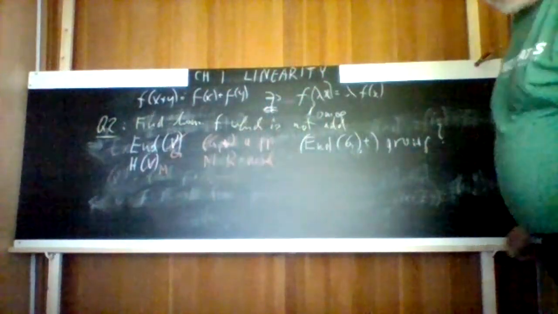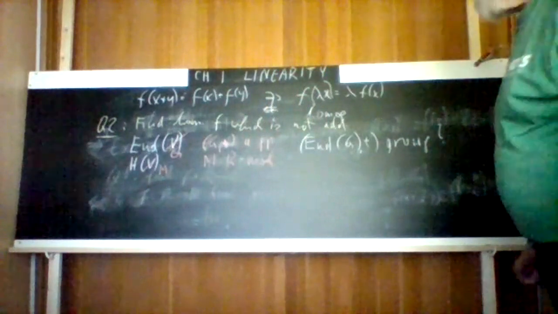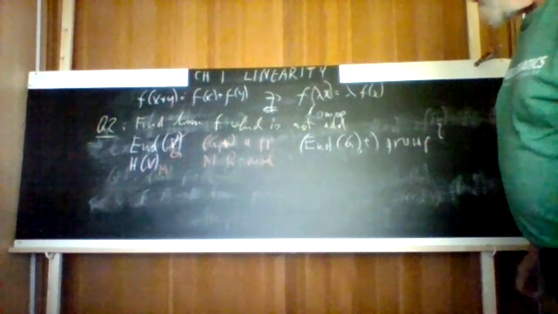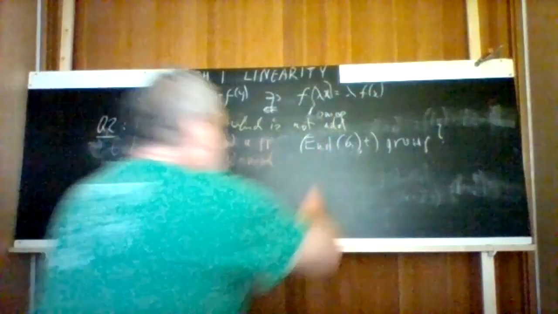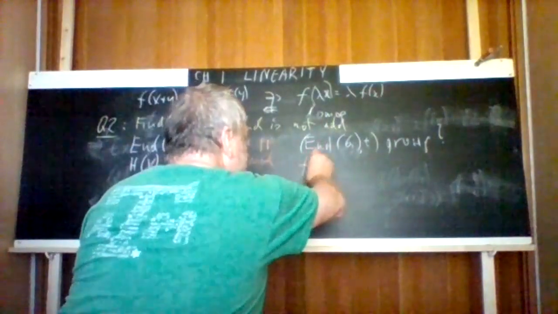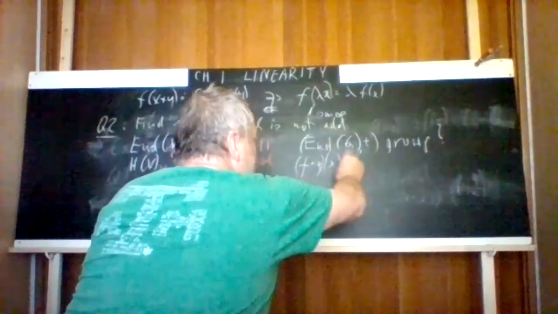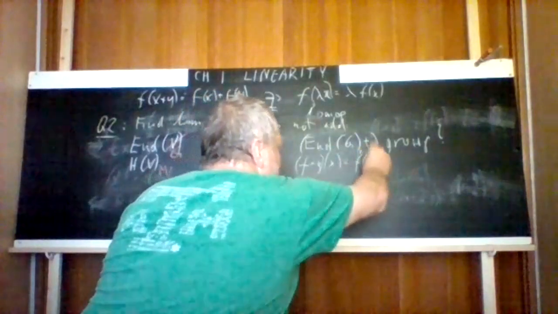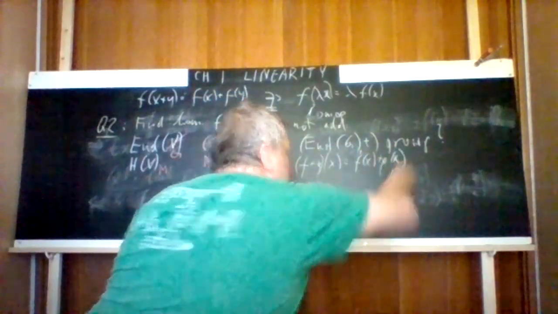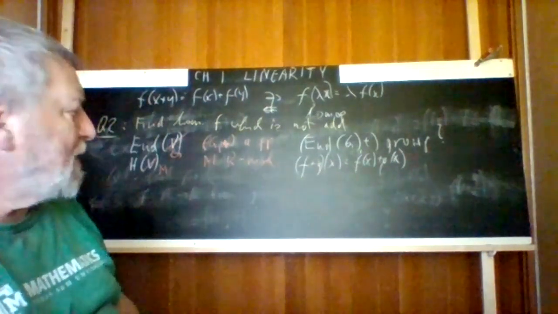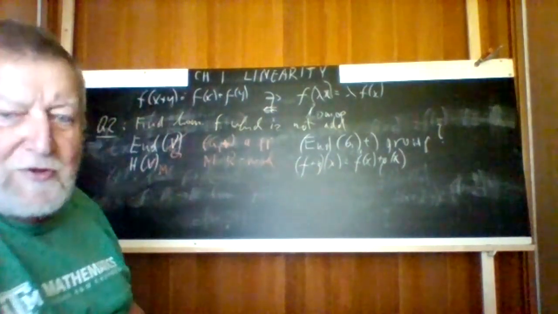Well, for having a group, we have to define this plus because we have the plus just defined on G, and we define the addition, of course, in this way that two endomorphisms f plus g work on some x as f of x plus g of x. So it's pointwise addition.